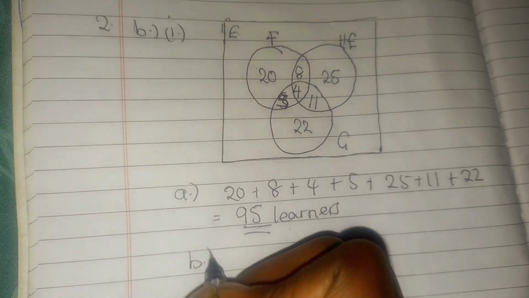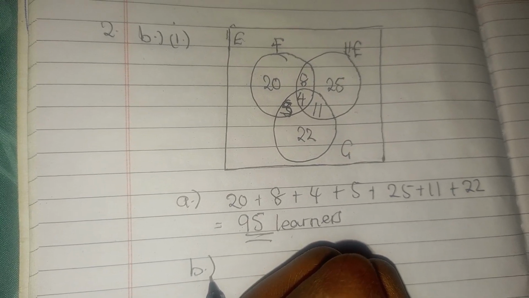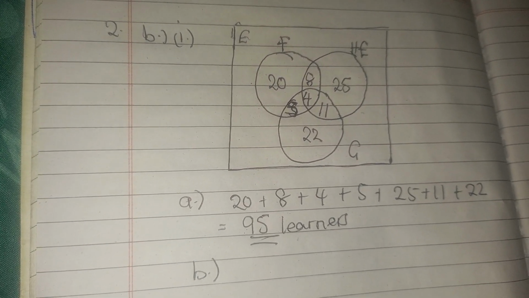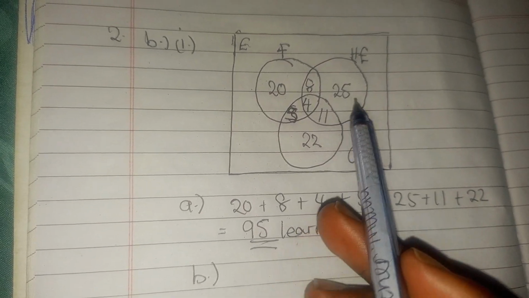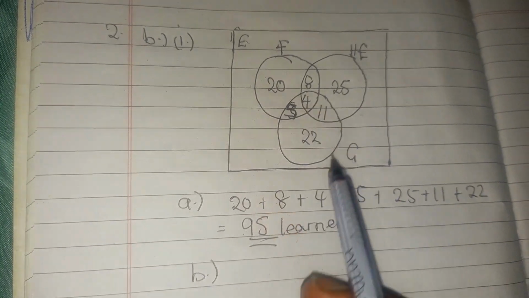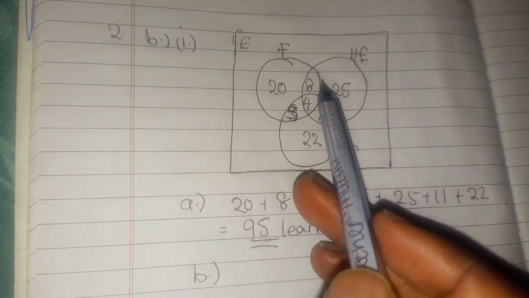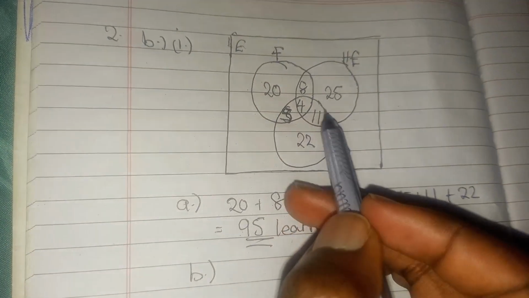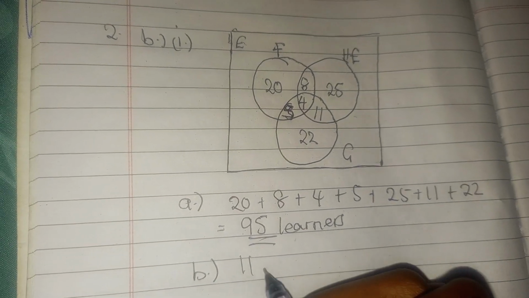And the next question, how many learners take HE and geography but not French? So here we're talking about the intersection of home economics and geography that does not include French. So that is 11. So 11 learners.